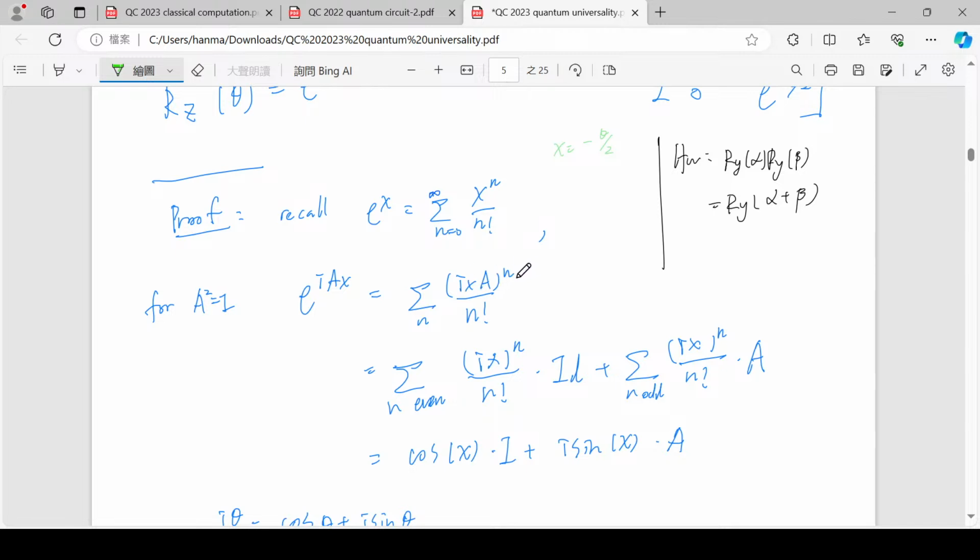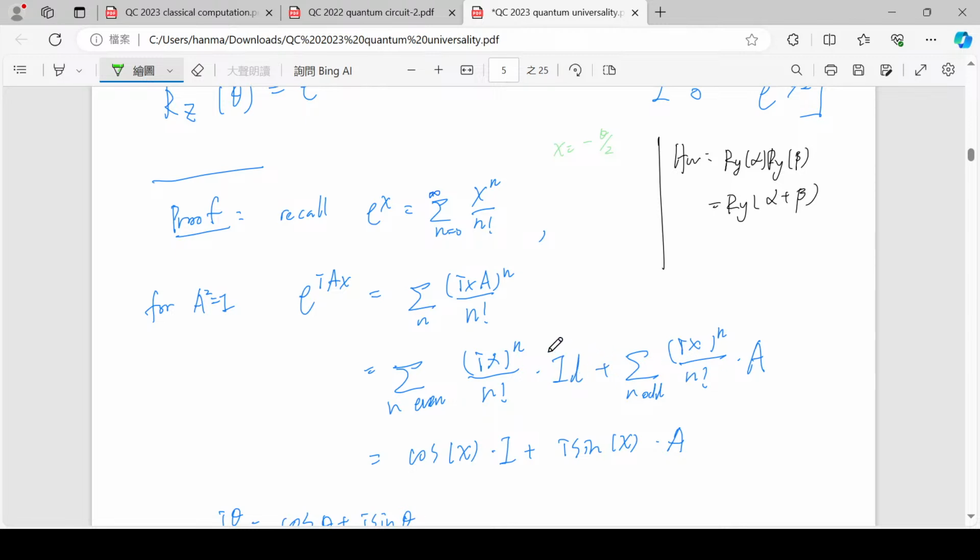Okay. And then we can separate into an even part and an odd part. In the even part, we have all the scalar things, n factorial and (ix)^n, and then we have A to some even number. Then we use the fact that A squared equals identity, so A to some even number is just the identity matrix.